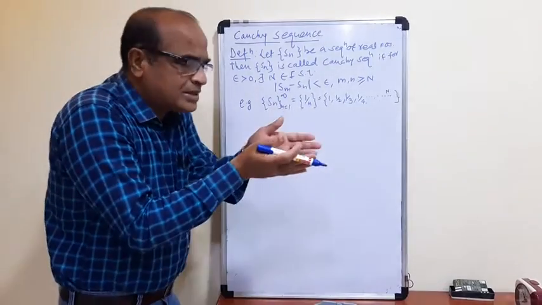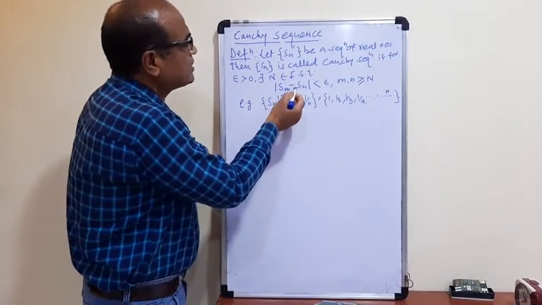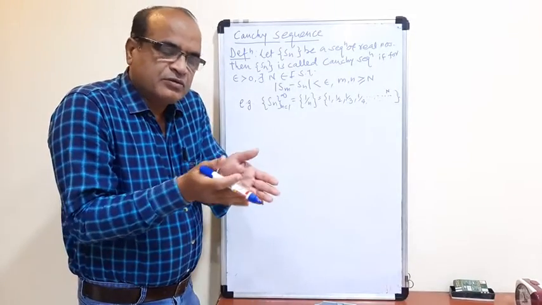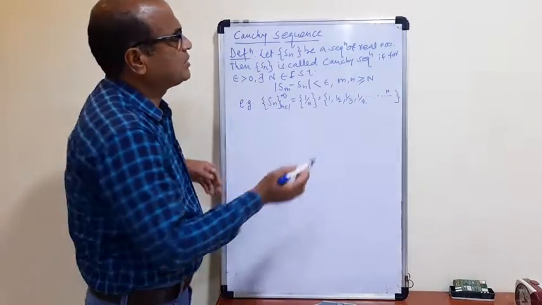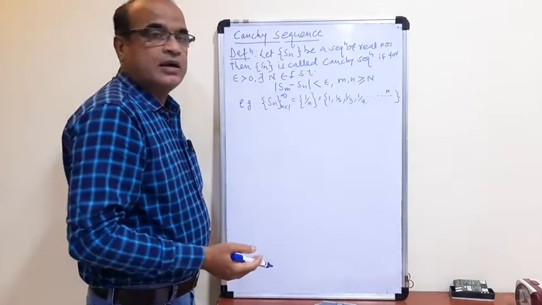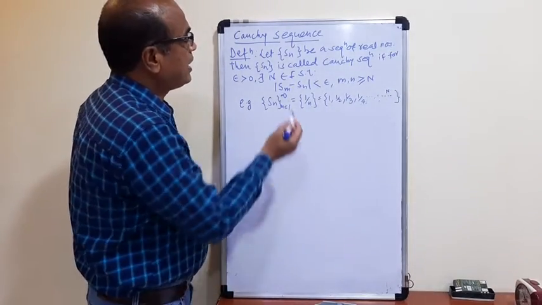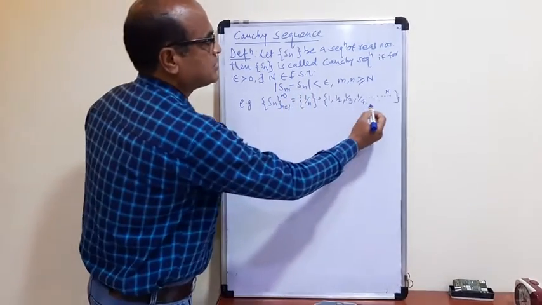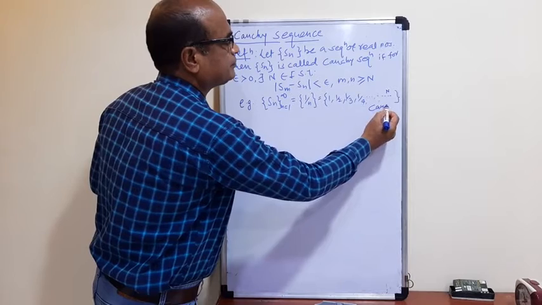Then the difference of two terms is less than epsilon, since the terms are very near. We get mod of Sm minus Sn less than epsilon. So this is a Cauchy sequence.